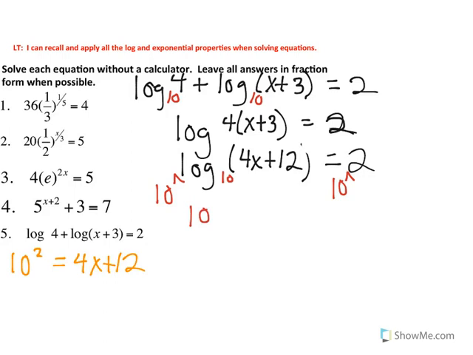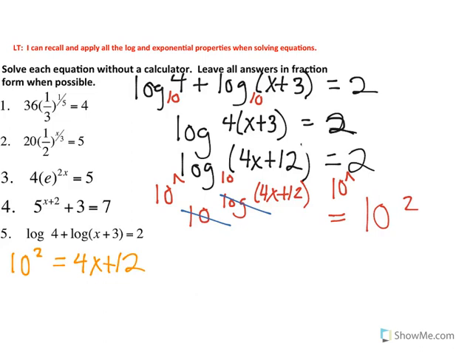And so this will become 10 to the log base 10 of 4x plus 12, which equals 10 squared. And here we are again back at some of those same properties. I have an exponential base that is the same as a log base.